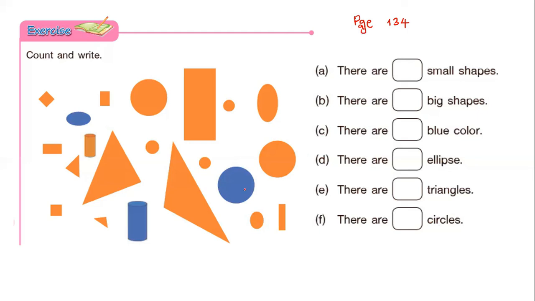For example, how many circles? 1, 2, 3, 4, 5, 6. You see? So we have 6 circles. So you can answer A, B, C, D, and E.